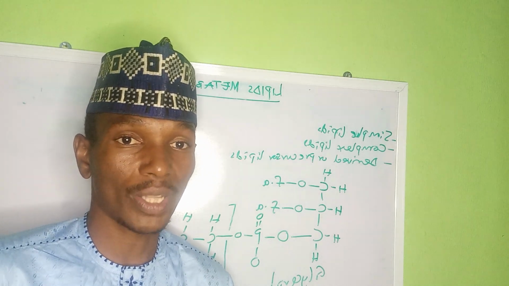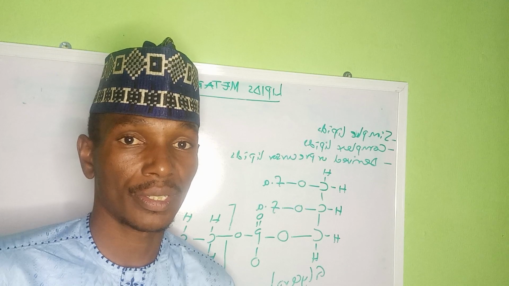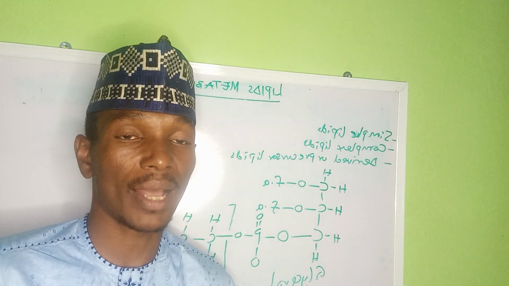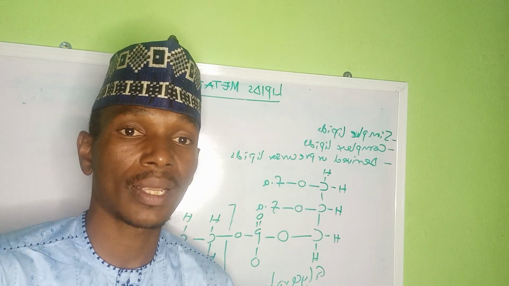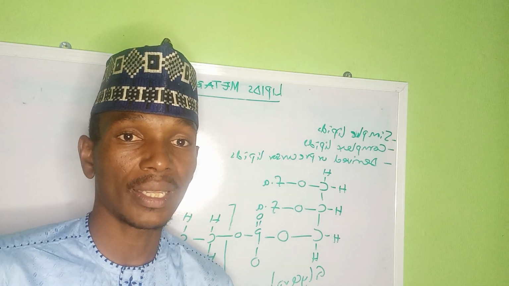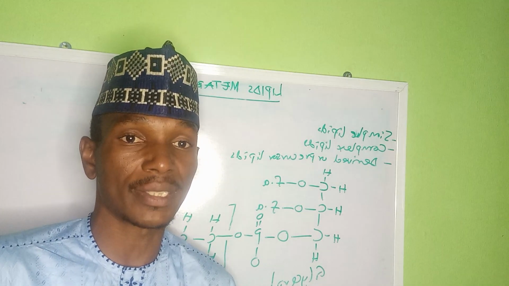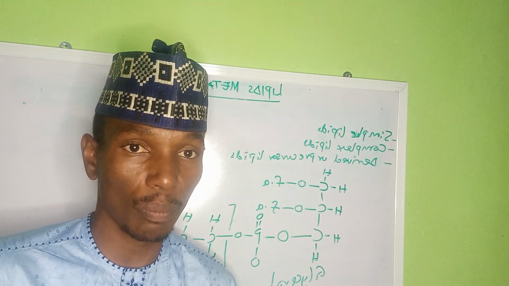Now, what are fatty acids? Fatty acids are also lipids. There are two groups of the fatty acid. We have what we call saturated fatty acid and unsaturated fatty acid. A fatty acid is said to be saturated if it has all the number of the hydrogen atoms attached to the carbon group with a single bonding.